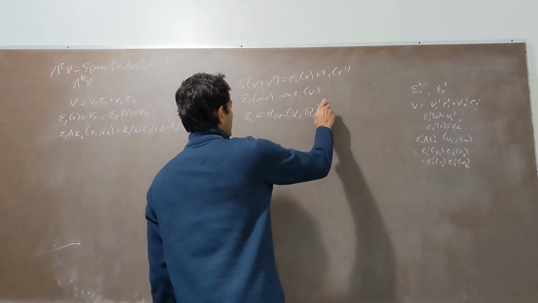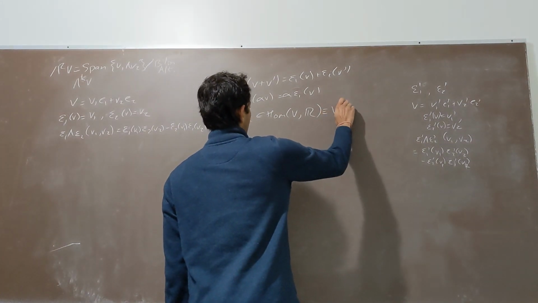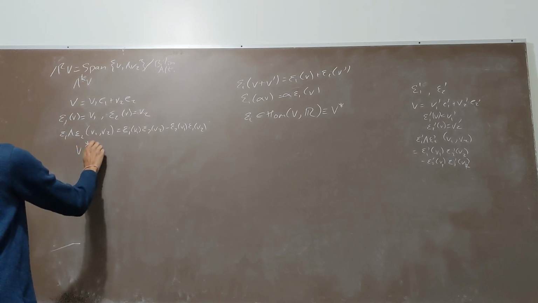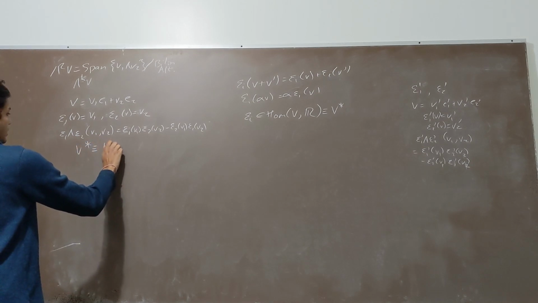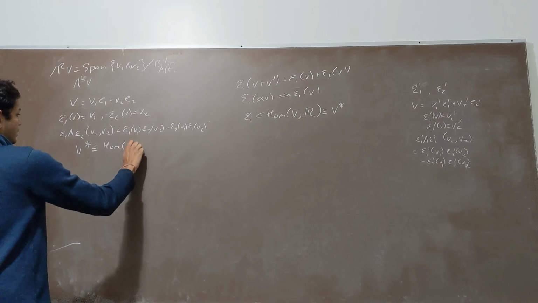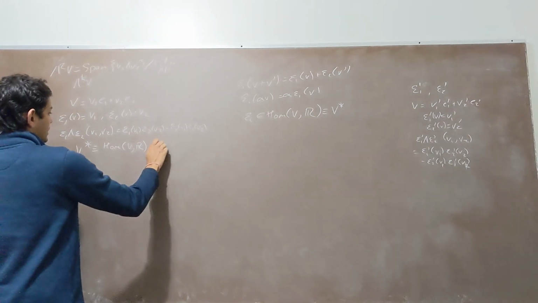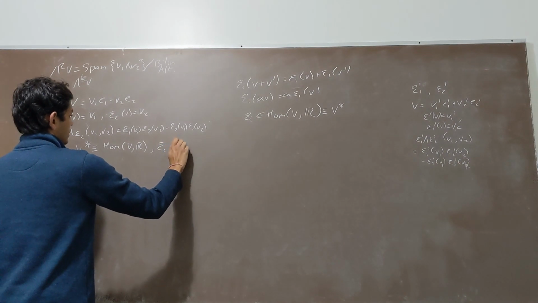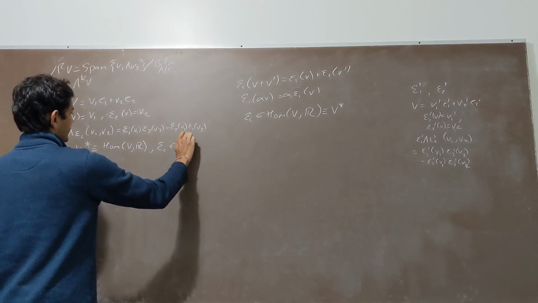And this is often written as V dual. So this is an important definition, so let's put it on the left. V dual is defined as hom from V to R. And then we notice that epsilon i and epsilon i prime as well are elements of V dual. Okay.